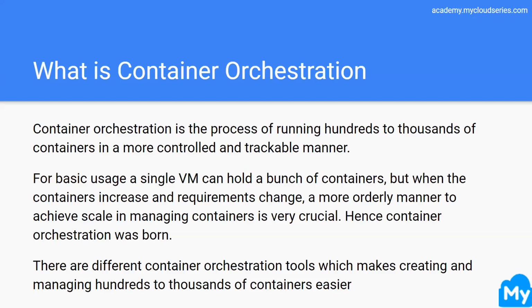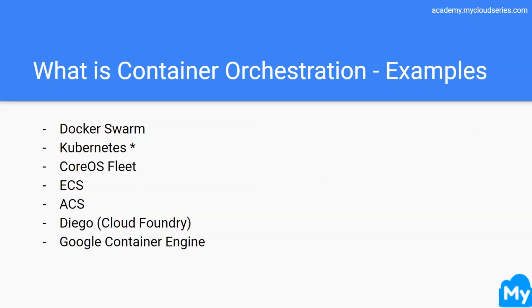Now, there are different container orchestration tools, which makes creating and managing hundreds to thousands of containers much easier. And here are some of them. That's why the Docker Swarm that someone said was actually correct. So we have Docker Swarm. We have Kubernetes, which is where we are focusing on. We have the CoreOS Fleet. We have ECS. We have ACS.